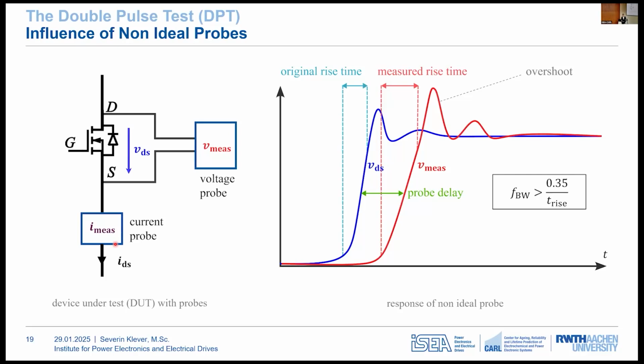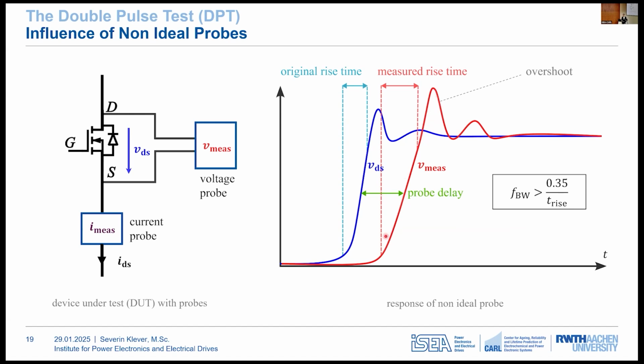On the right, you can see an example that shows the original signal VDS, that's the blue curve, and the probe response in red. And here you can see that 3 key issues stand out. The probe introduces a short delay, that's marked in green here. The probe signal shows a small overshoot, and you can see that the probe response has an increased rise time.